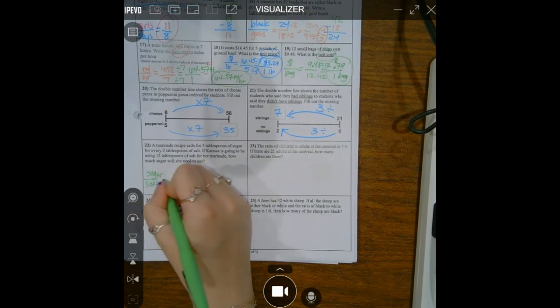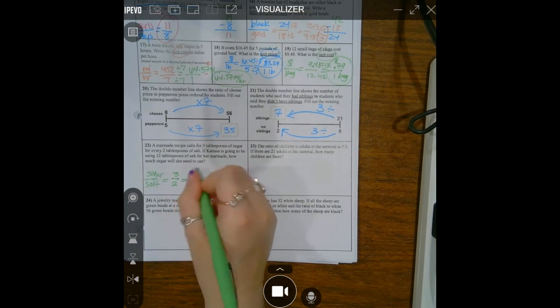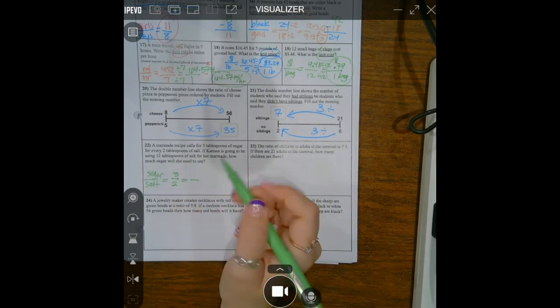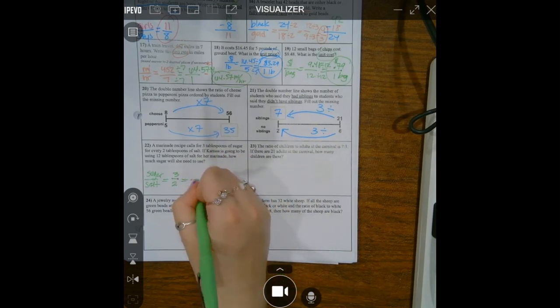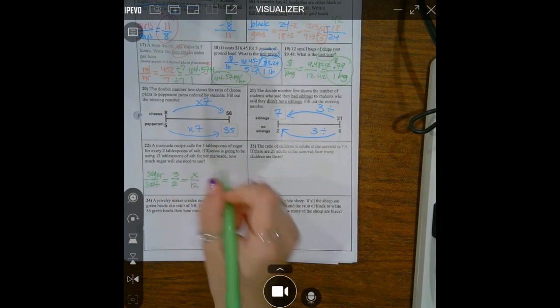So this first sentence says that it's 3 tablespoons of sugar for every 2 tablespoons of salt. So those go together. Now for my next ratio, the number I see is 12, and what's it talking about? Yeah, salt. And where does salt go? Where did we put it? On the bottom. Okay, so that's where the 12 should go. And then how much sugar? We don't know, so that's my variable.